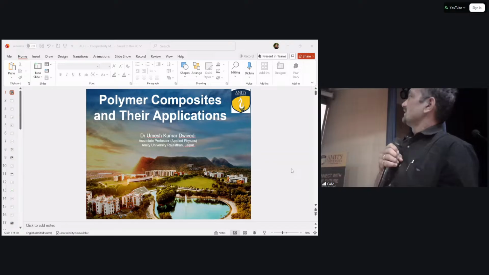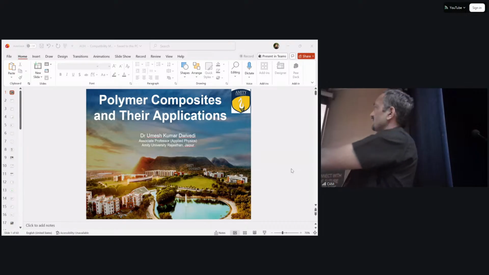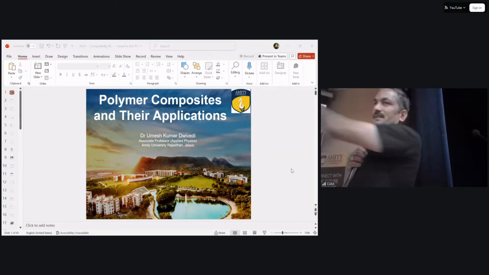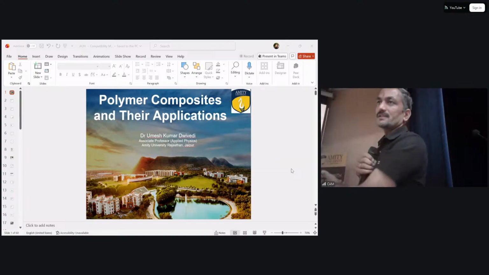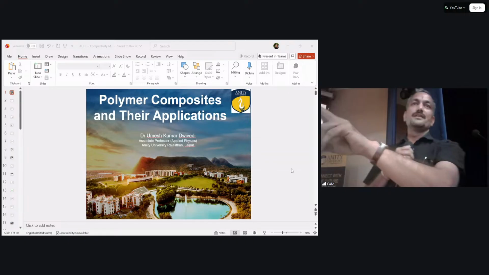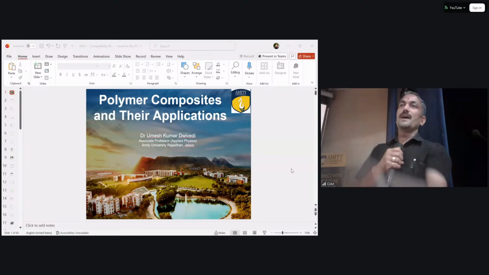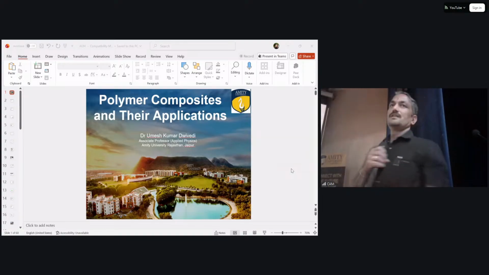Like here, in this paper we have developed a functionally gradient material. One surface is conducting and another surface is non-conducting. So the same material is behaving in two ways. The upper surface is conducting and the bottom surface is non-conducting by making a gradient distribution.